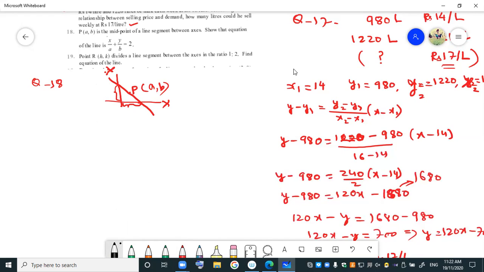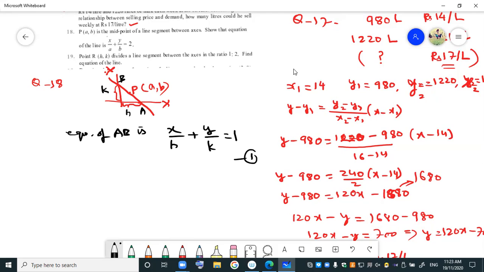This length is h and this is k. So the equation of line AB in intercept form is x upon h plus y upon k is equal to 1.